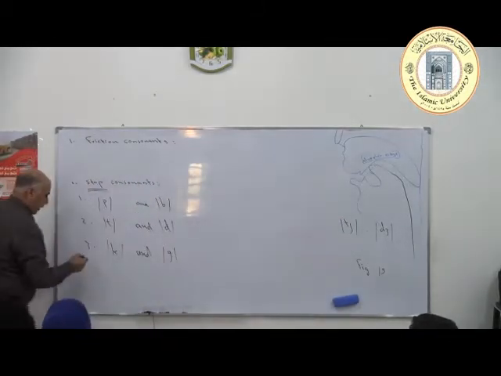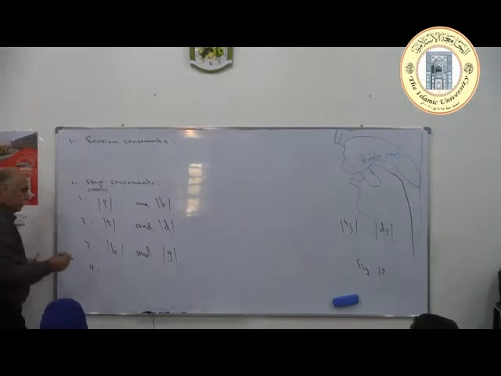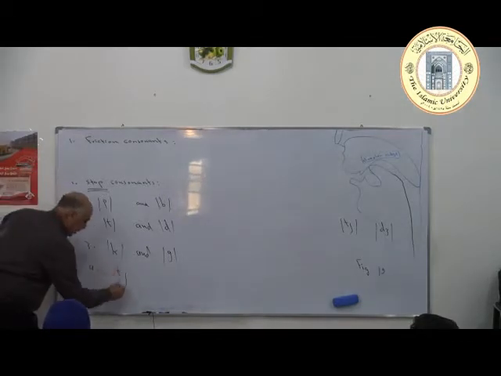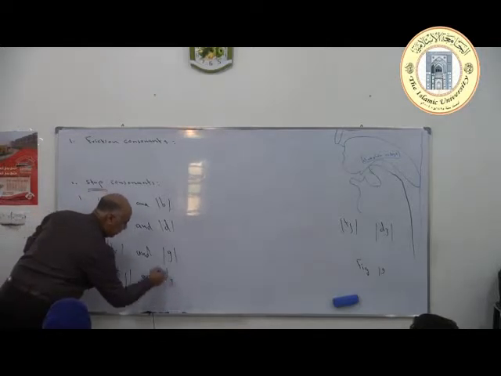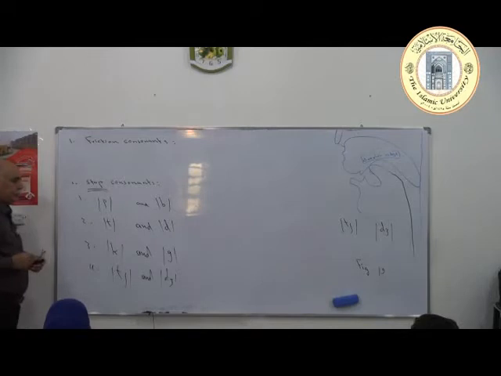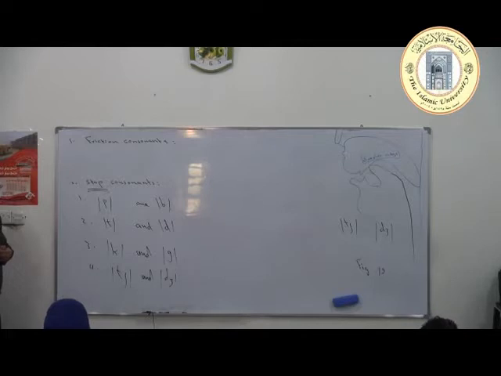Today we are going to discuss pair number 4, which are che and j. This is the last pair of stop consonants. Che and j are stop consonants of a special kind. Why?